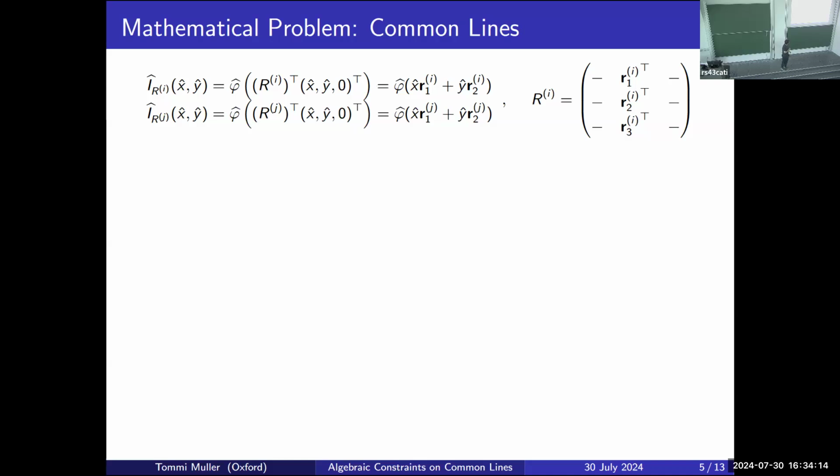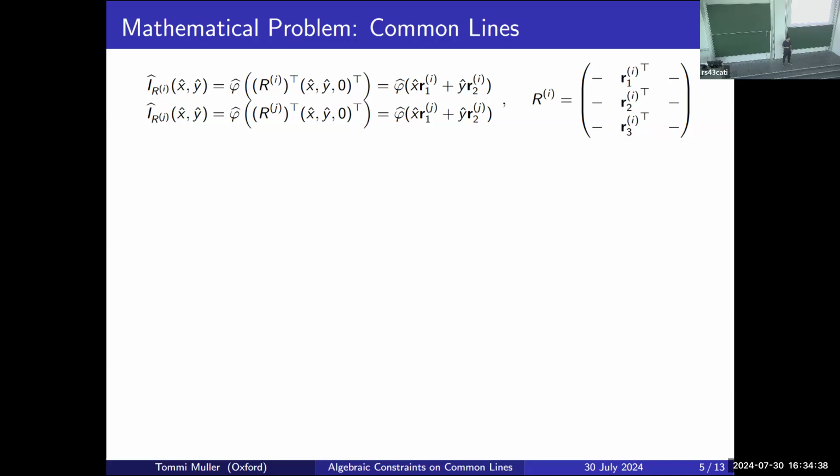So Ri has 3 rows, R1i, R2i, R3i. And this term is the values that phi hat takes on the plane spanned by the first 2 rows of Ri. And similarly, the same thing for image J here.